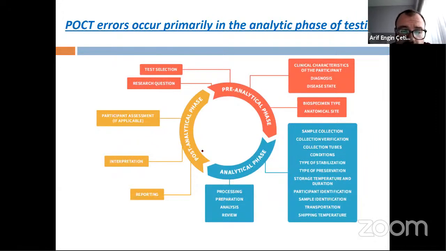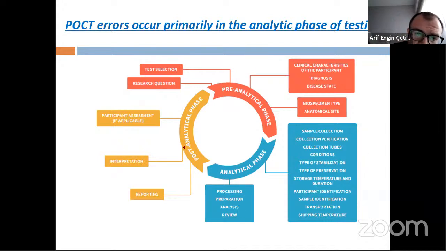So here, these are the phases of a test. For example, in the pre-analytical phase, you choose a test, you ask the question based on the symptoms. You look at the disease state, diagnosis. When you go to the analytical phase, you collect the sample, perform the tests, review the tests.